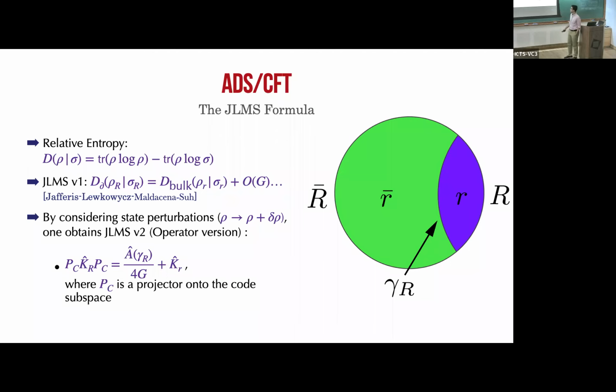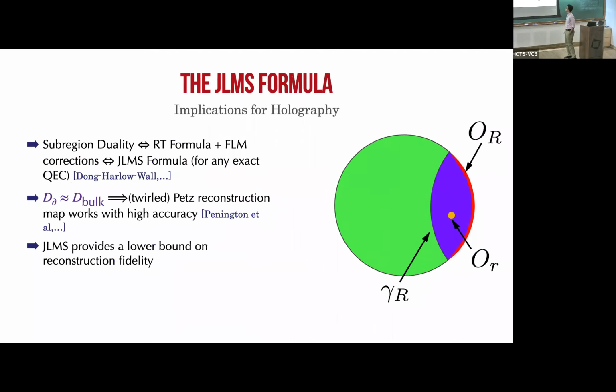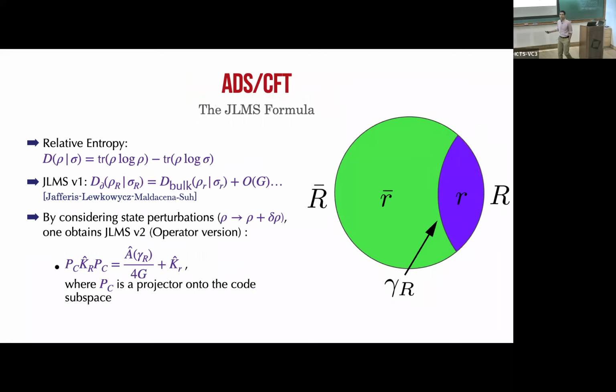Okay, good. So this result of JLMS was very useful in the context of holography. Sorry, can you go back? Yes. So this last operator statement also has order G Newton corrections. It does, yeah. This is all up to order G Newton corrections. And either of these statements is ignoring the dynamics of gravity, or including it? Good.